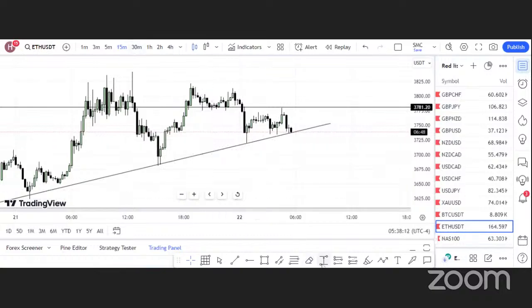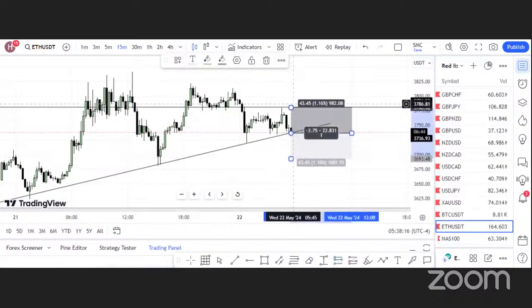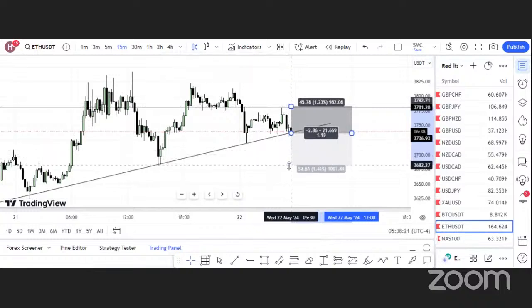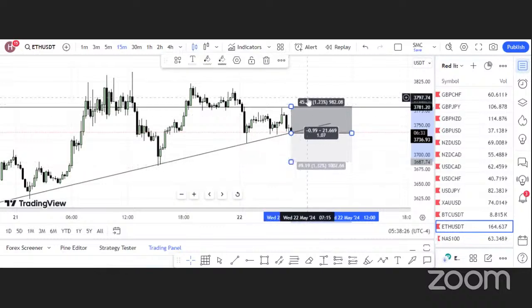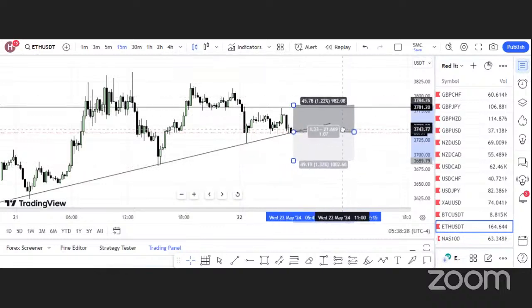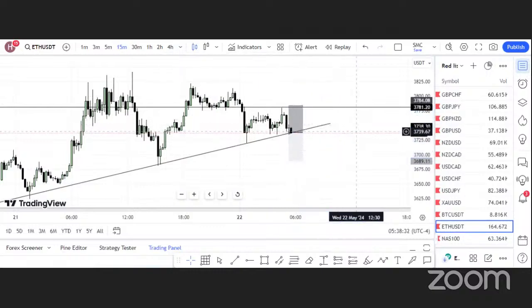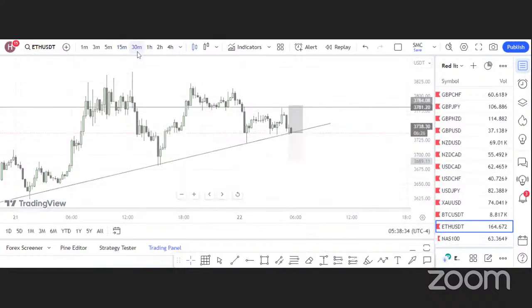But you have to be careful here because when you are selling, if you are selling here, you see we have multiple rejection zones, right? And our stop loss is also not favorable for small accounts. So guys, please, you need to be very careful.